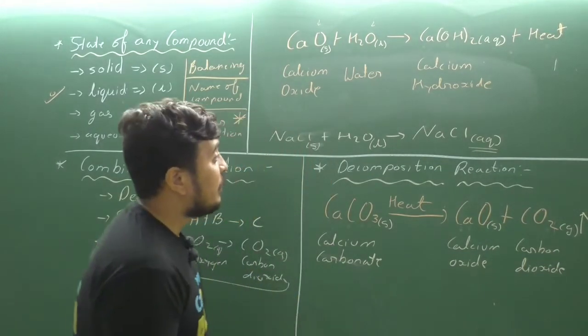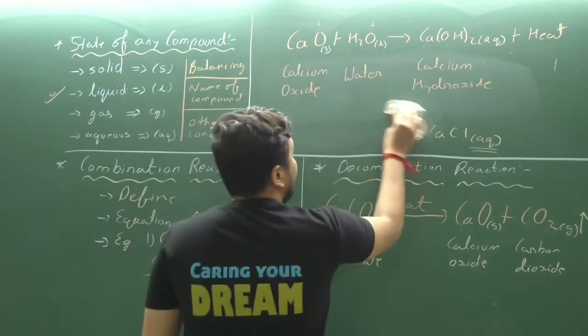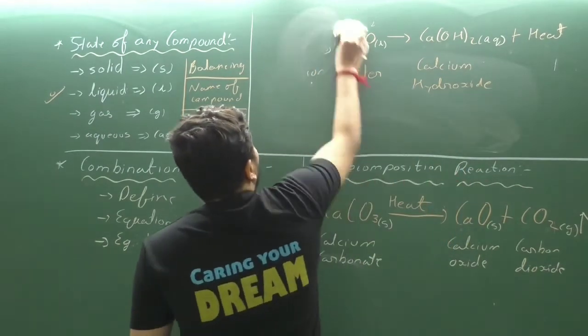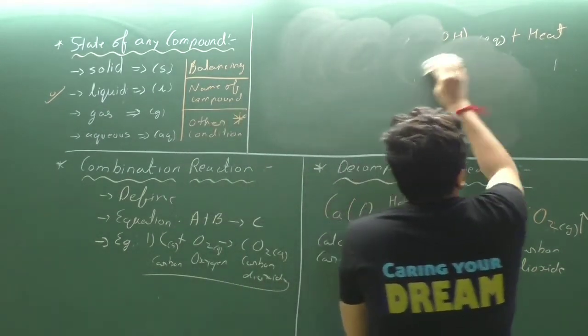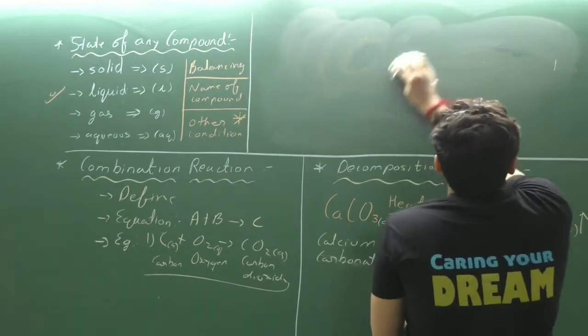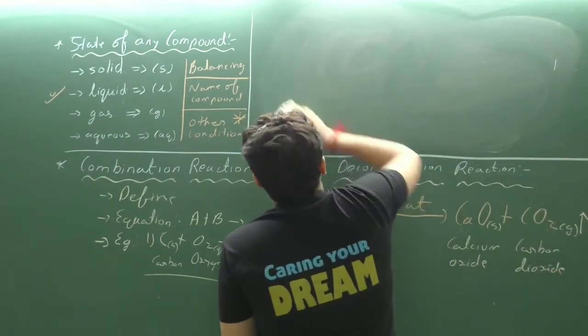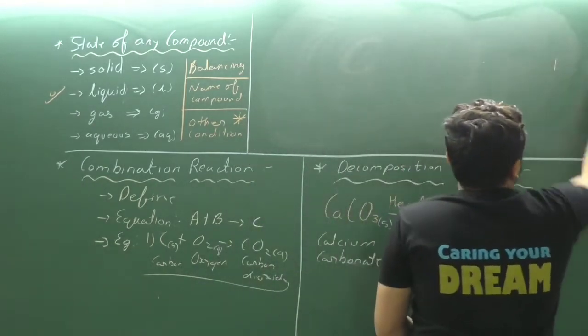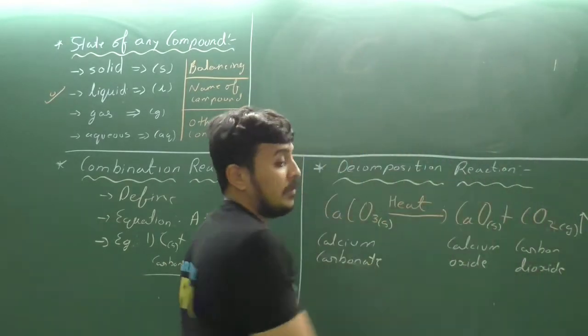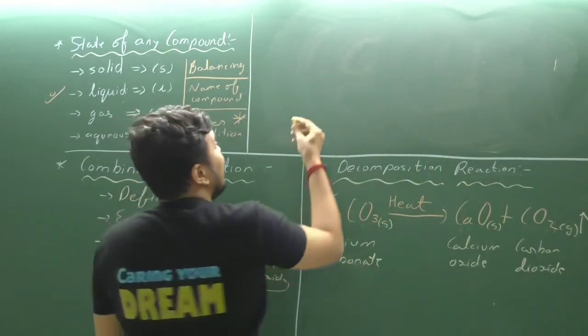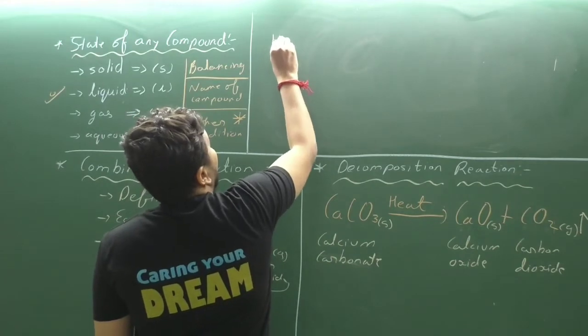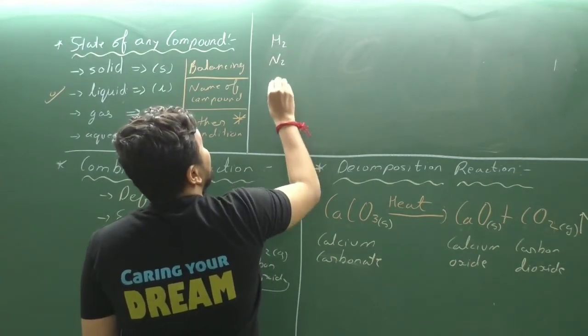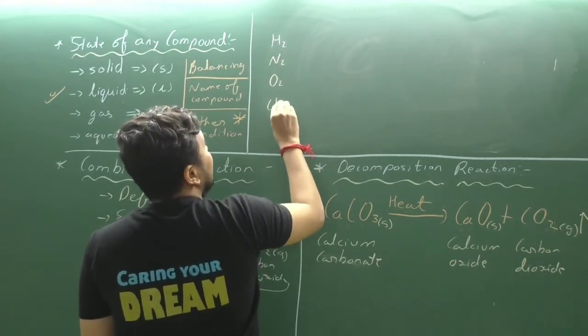It is quite simple. Just keep your focus here. We are going to divide the compounds as per their natural state. For example, gases: H2, N2, O2, Cl2.